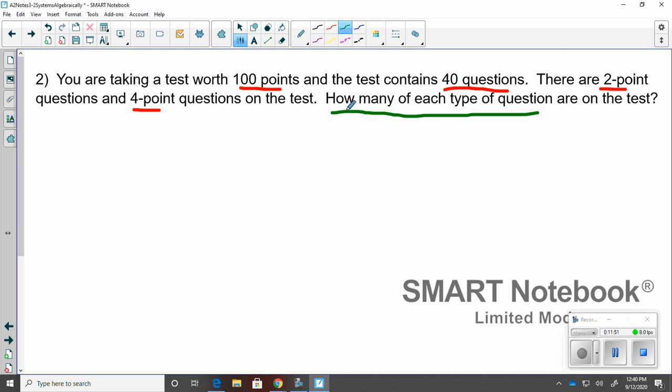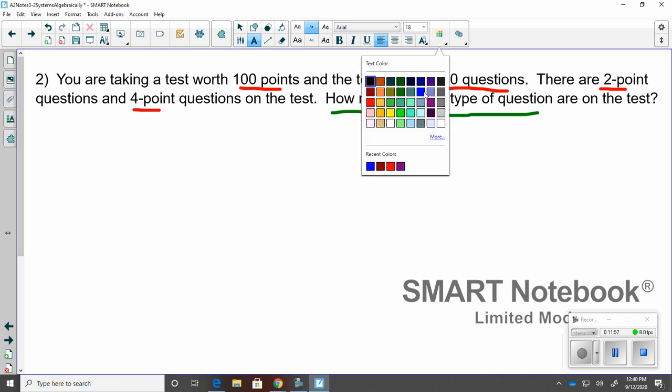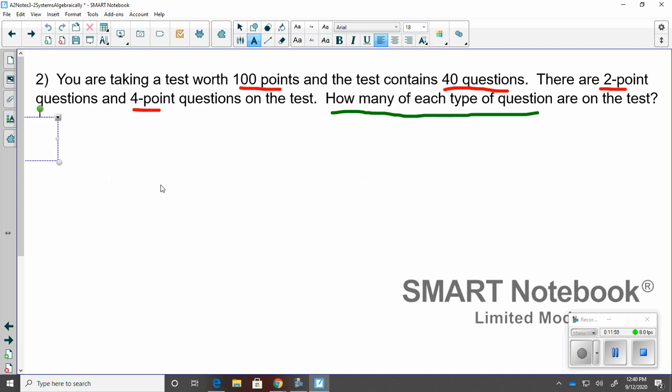Okay, so this time, after I reread it, I noticed that this word problem is actually dealing with the number. It says how many. So when I define my variables, I'm going to choose to let X stand for how many, the number. We're not talking about prices this time, we're talking about number. Number of what?